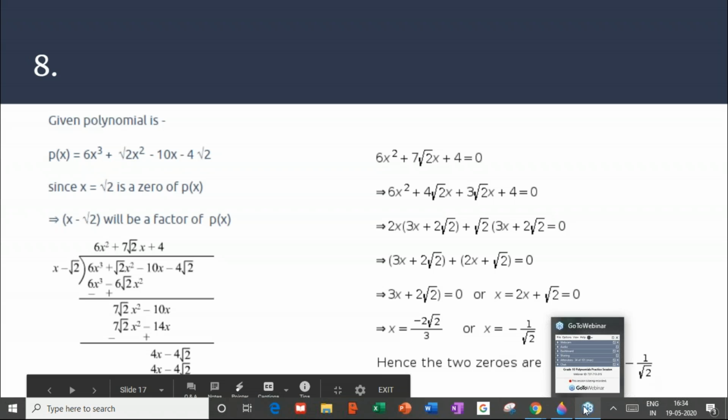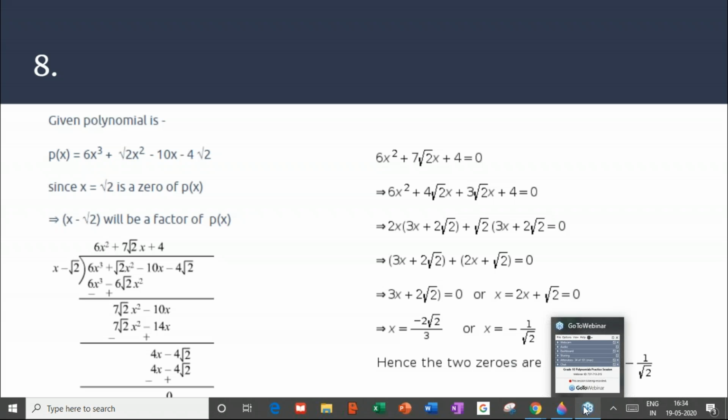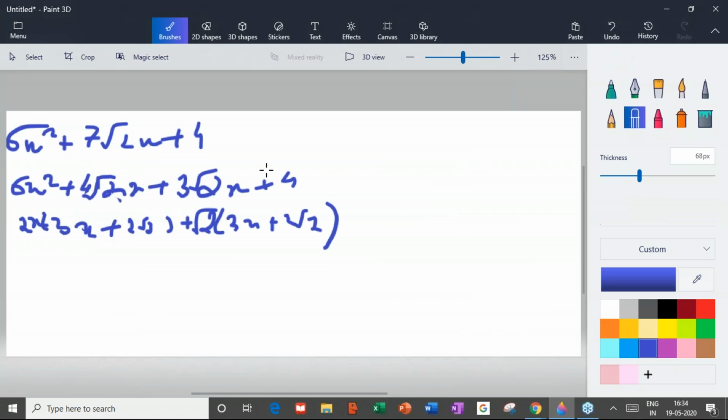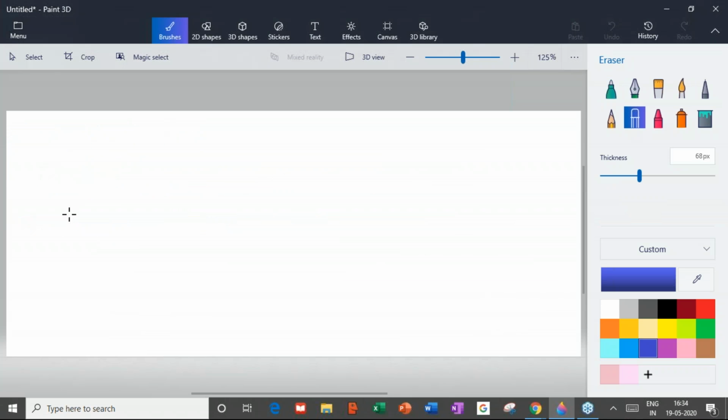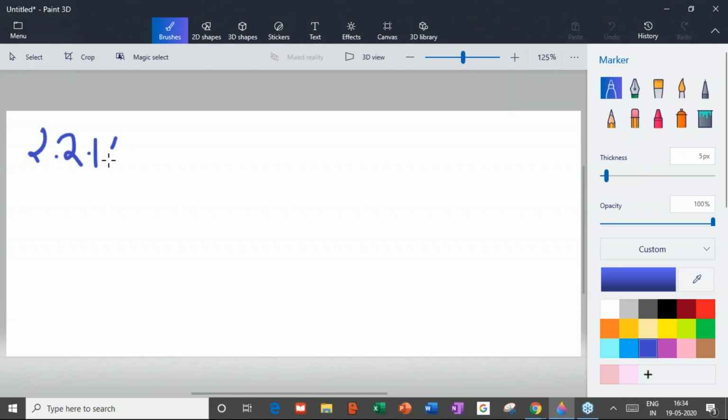First one I want you to try is 2.2.14, level 2. I'll just write it here. 2.2.14. Next one is level 3, 2.3.2.